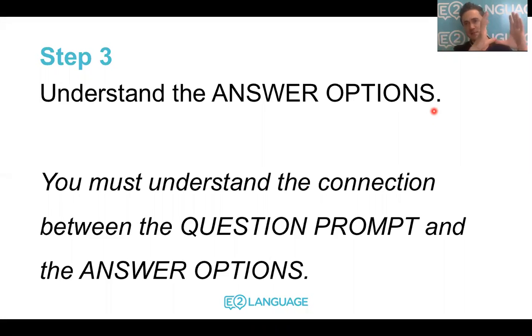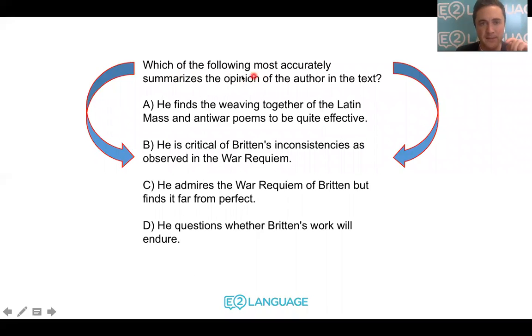Don't spend all your time just reading the text, because the answer options are just as, if not more, critical. The question prompt is critical, the answer options are critical, and the text is critical. The answer options are really important, and you need to understand the connection between the question prompt and the answer options.